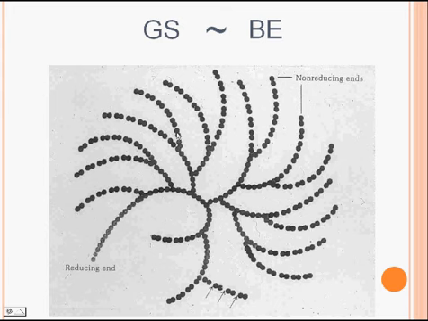So, to generate normal glycogen, we need balanced activities between glycogen synthase and branching enzyme. In Lafora disease, we have too much glycogen synthase activity. Therefore, we thought that to fix Lafora disease, we need to reduce glycogen synthase activity back to normal, to return to the balance.